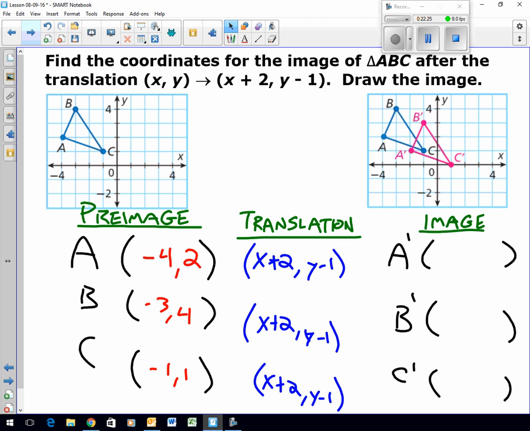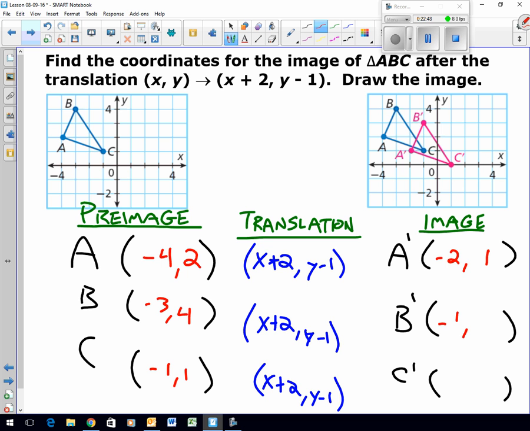Let's do a little math there. Gavin, what's -4 plus 2? Gavin, what is 2 minus 1? I got it. Okay. Gavin, -3 plus 2. Good.